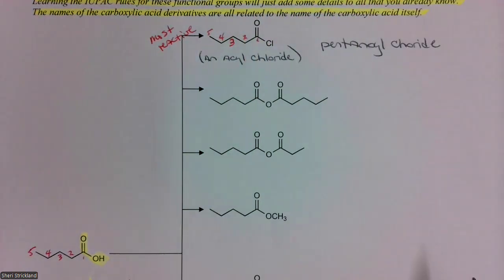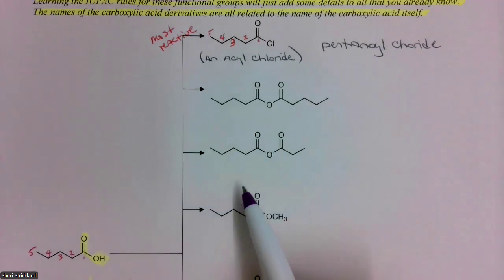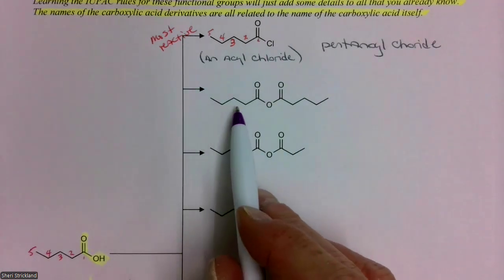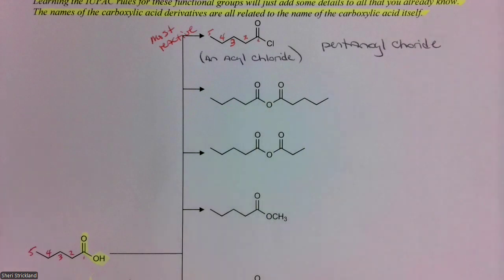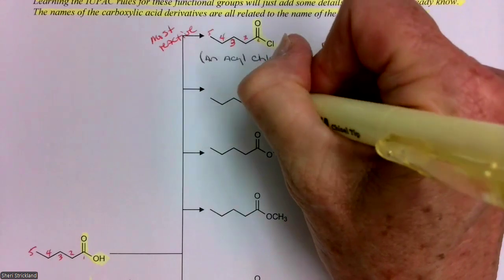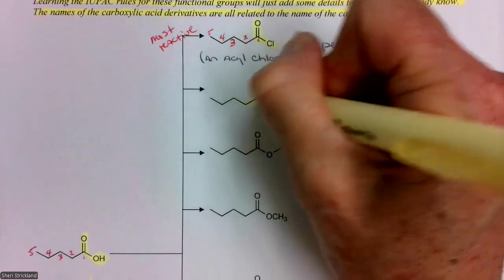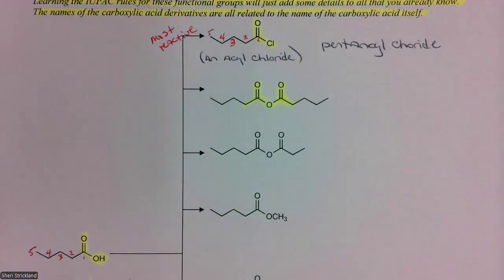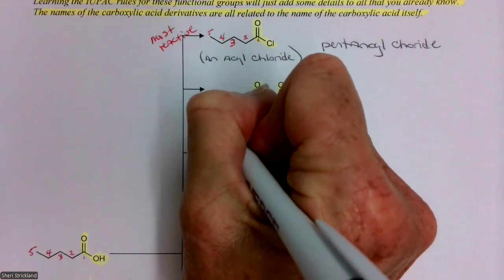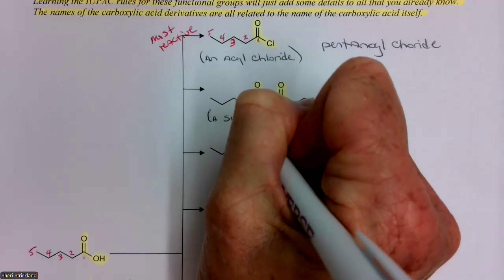And I want you to see, let me do a few and then we'll compare them. This is an anhydride. Let's do a little coloring in here of the functional group itself. This is a symmetrical anhydride.